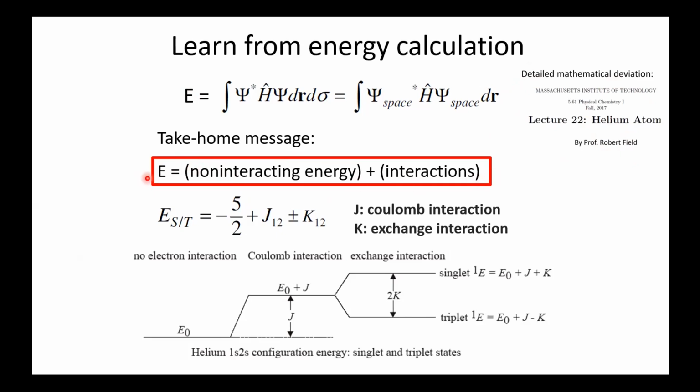The energy of the system corresponds to the non-interacting energy, meaning that we have those electrons pretending that they simply ignore the presence of each other, right? They simply behave independently. It doesn't really care who's around.